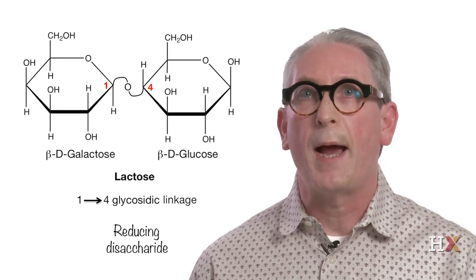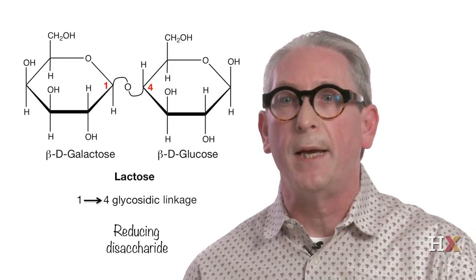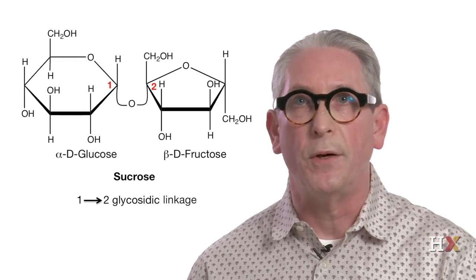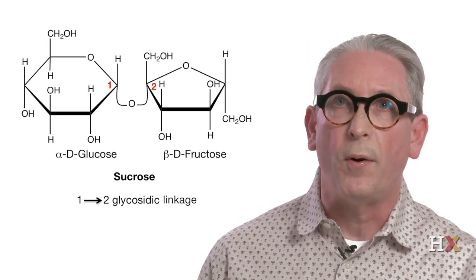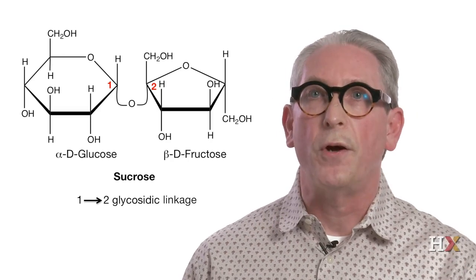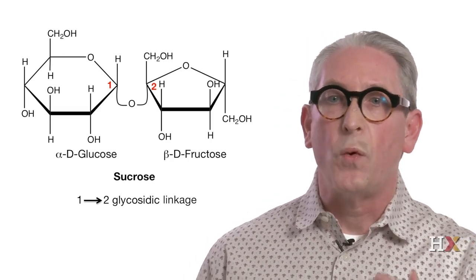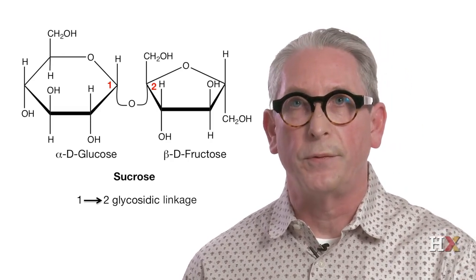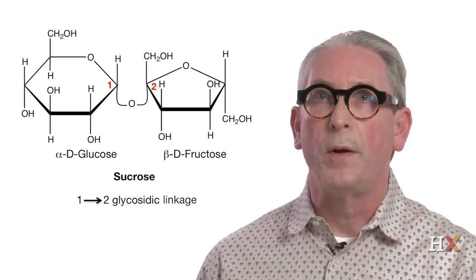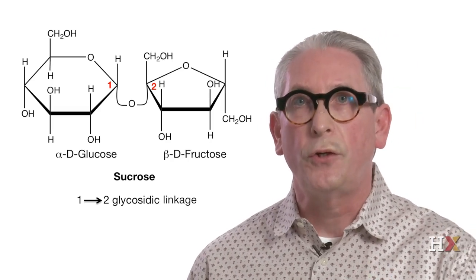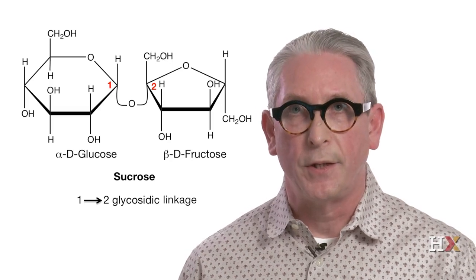Finally, we can also have a reaction between an aldose and a ketose. In our example, alpha-D glucose reacts with beta-D fructose to form a 1,2 glycosidic linkage.